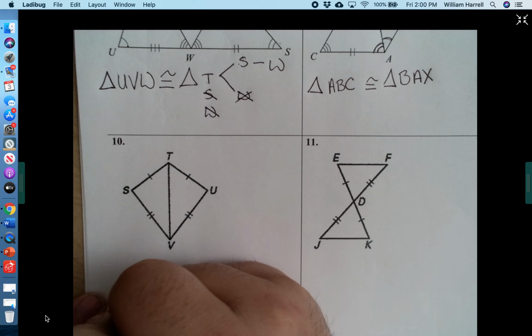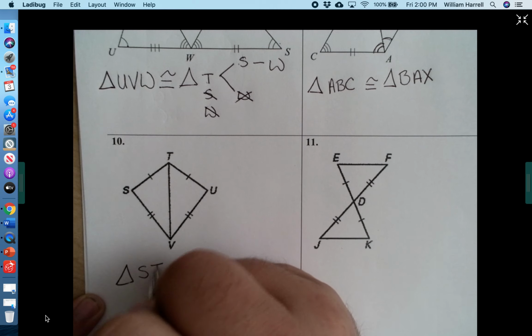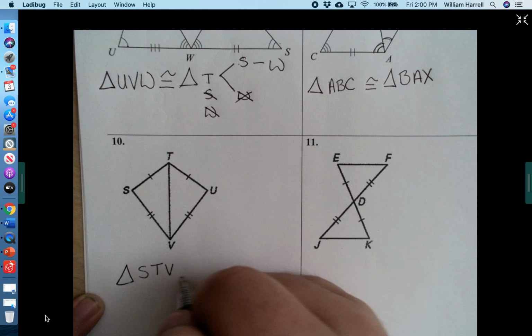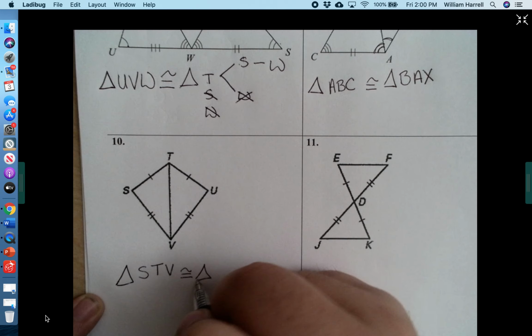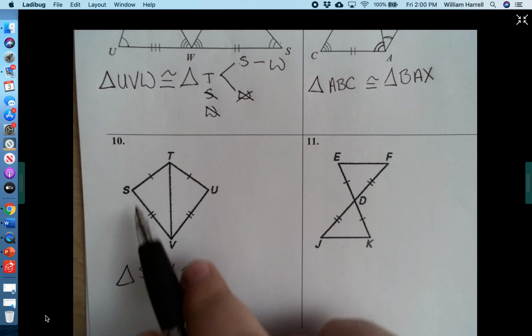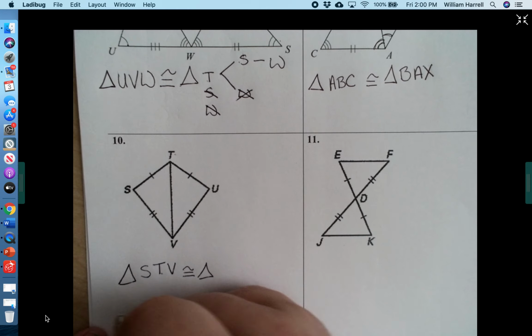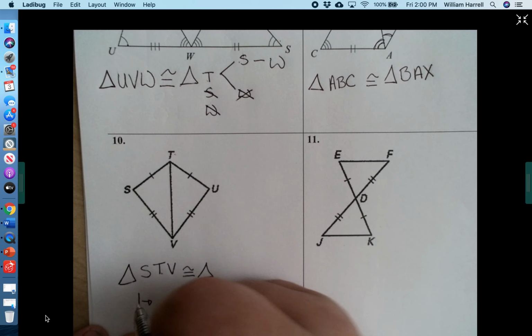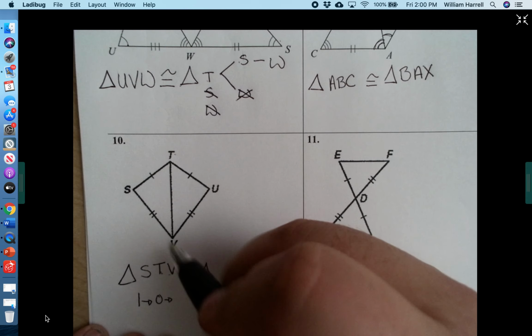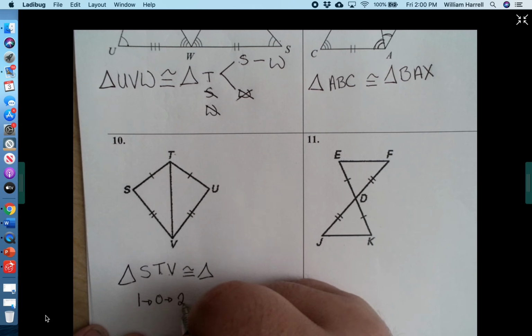Again, the first triangle never matters the way you write it. So I'm going to say STV is congruent to triangle what? If I know information about the sides, S to T has 1 mark, T to V has 0 marks, and then V all the way back to S is 2 marks.